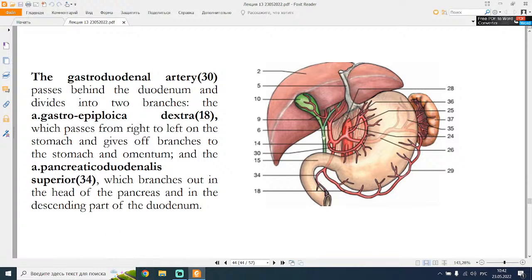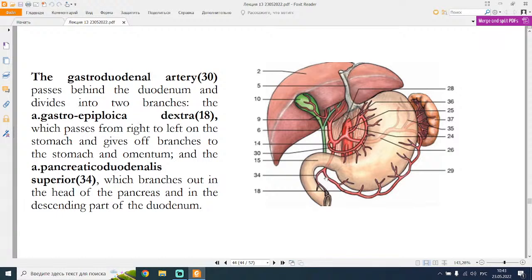Next artery, arteria gastroduodenalis. The arteria gastroduodenalis passes behind the duodenum and divides into two branches.